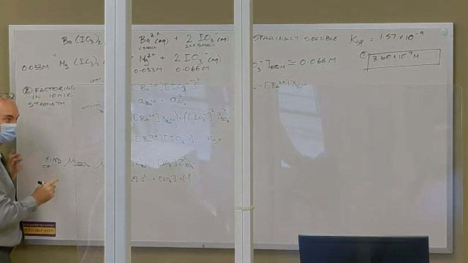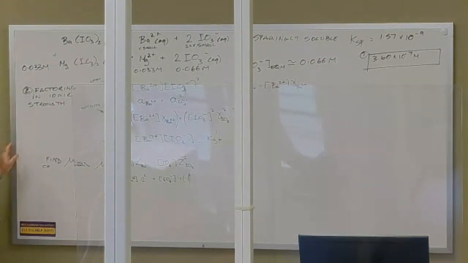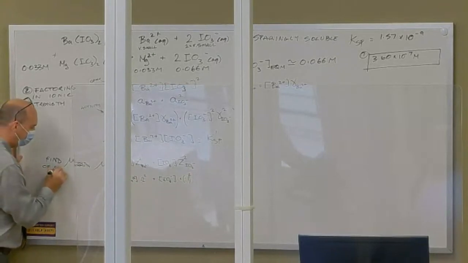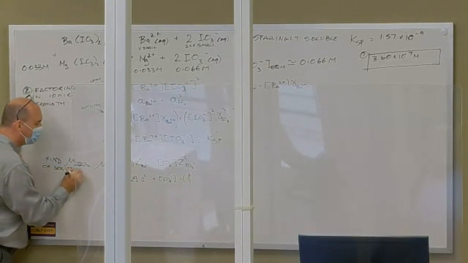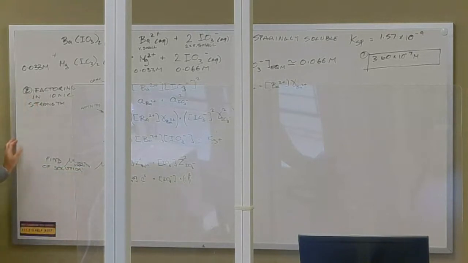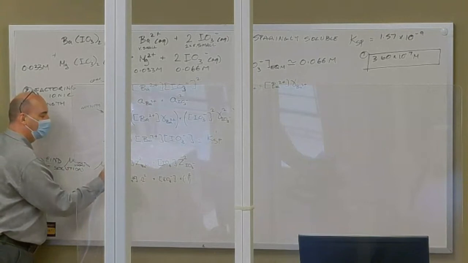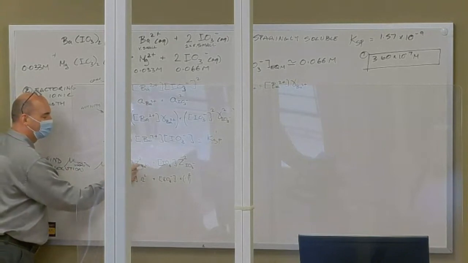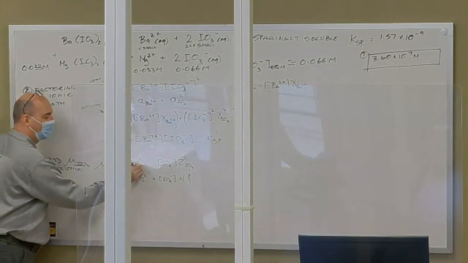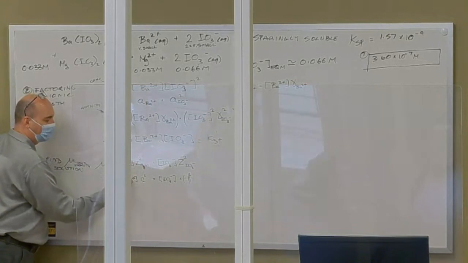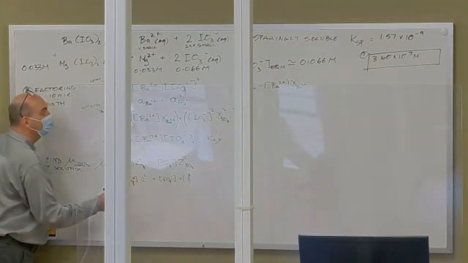Finding the ionic strength of the solution, not that analyte. Oh boy, that's not a barium. That's the magnesium. This is the ionic strength of the ionic solution.